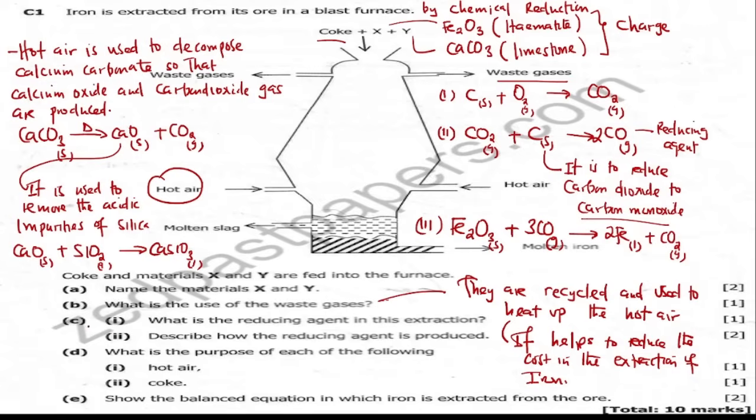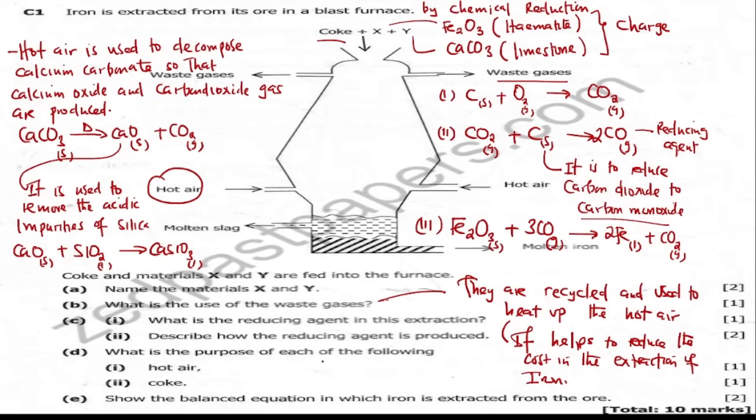C, what is the reducing agent in this extraction? That is carbon monoxide. Describe how the reducing agent is produced. This reducing agent is produced when carbon dioxide reacts with the coke. Then carbon monoxide is produced in that reaction.